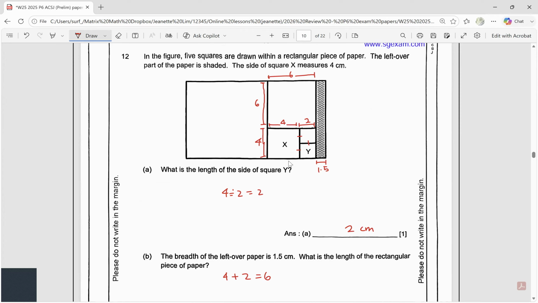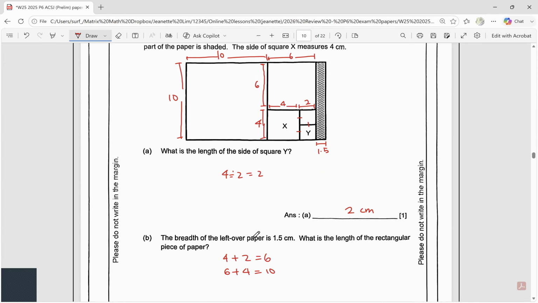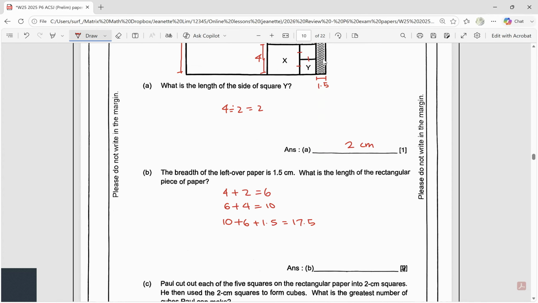Then 6 plus 4 is a 10. So this is 10. Now, if this is 10, then this must be 10 as well, since it's a square. So the length of the rectangle is 10 plus 6 plus 1.5. So the answer is 17.5 cm.